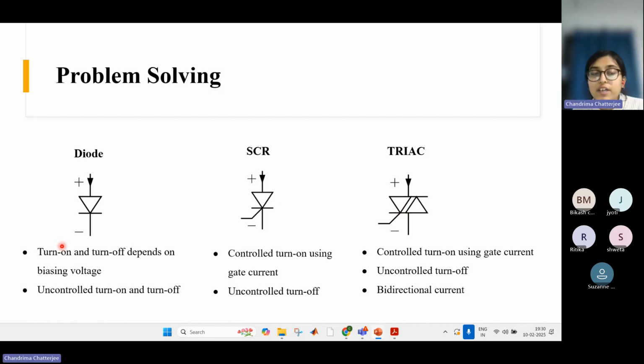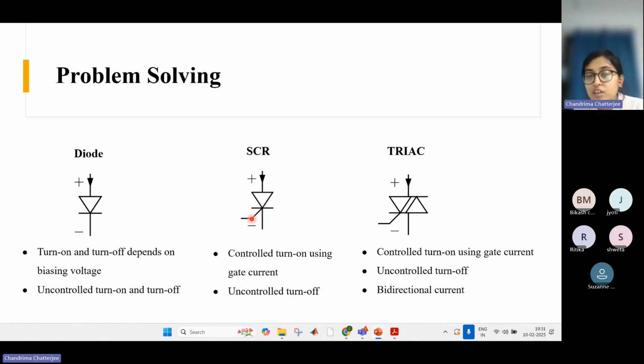For diode, the things are very simple. There are two terminals. It is obviously an uncontrolled device. Its turn on and turn off depend on the biasing voltage, which depends on the circuit condition, so diode is not the correct option.